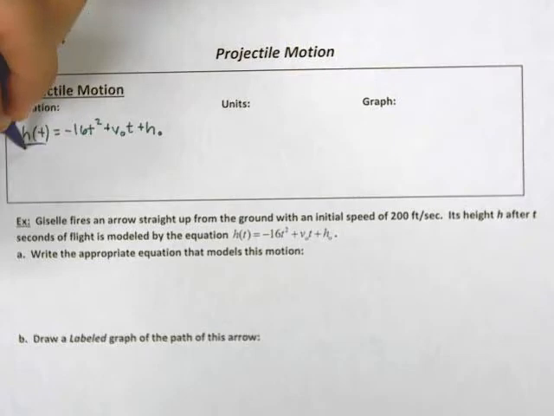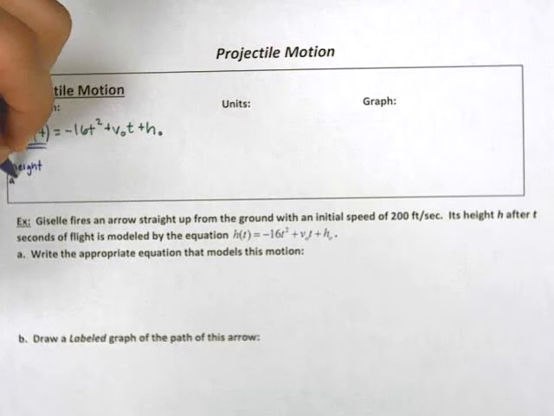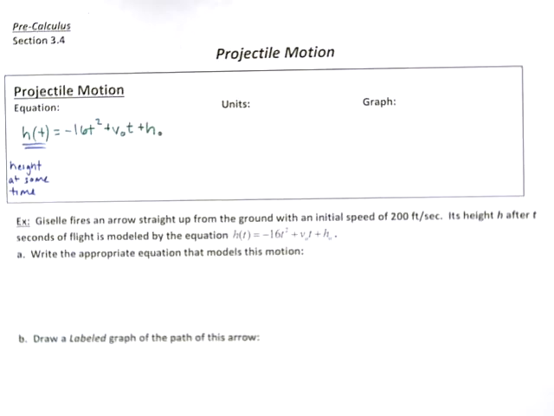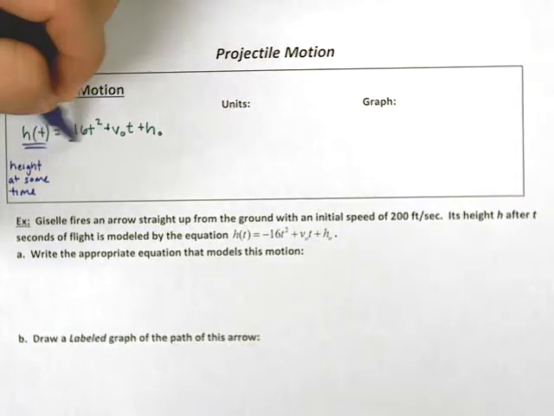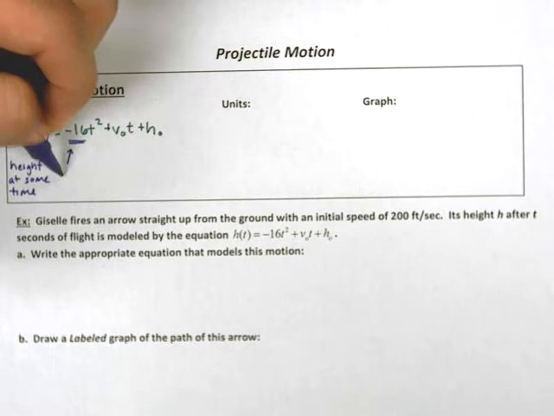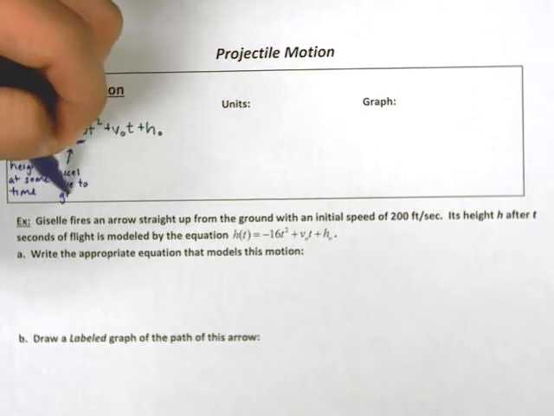This is our height at some time. Okay, the negative 16 we know, what's that? Anyone remember? That's acceleration due to gravity.